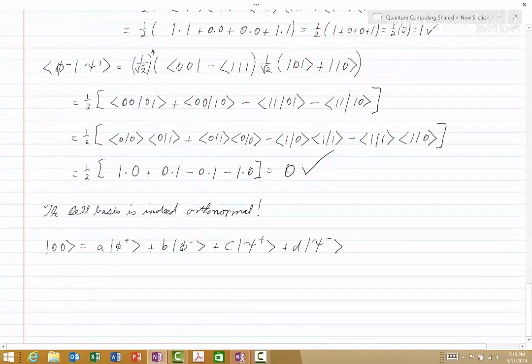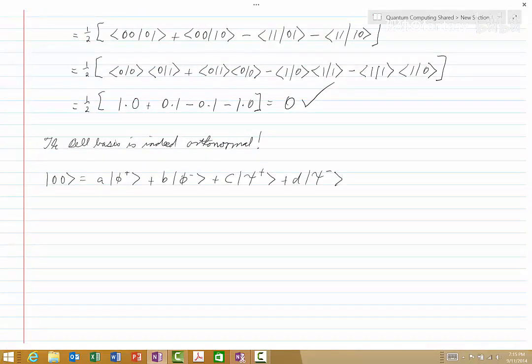And now that you know that the Bell basis is orthonormal, I hope that you know right away how to find A, B, C, and D. We've already mentioned it once, so I'd strongly recommend now that you stop the video and try to find A, B, C, and D, and then once you think you have the answers, turn the video back on and check your work.